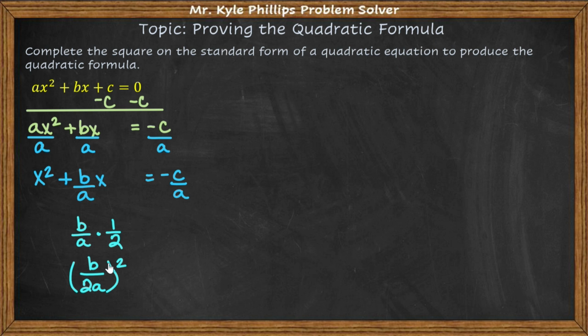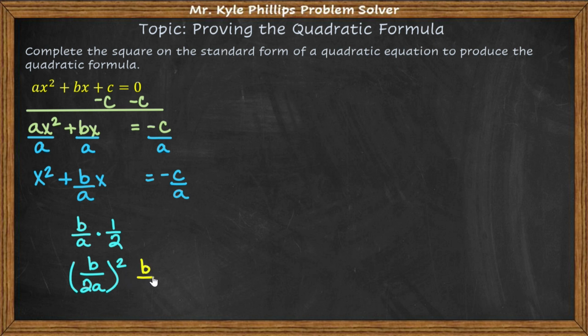Now, when you square something, be careful, because you'll think, oh, this is just b squared over 4a, okay? And it's easy sometimes to make small mistakes when you try distributing like this. Remember, when you square something, that's multiplying something by itself.